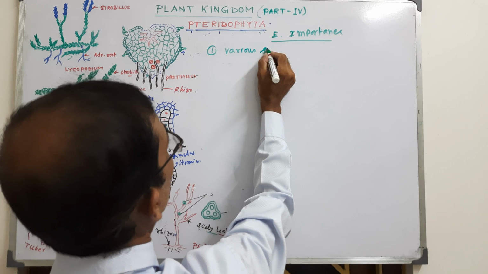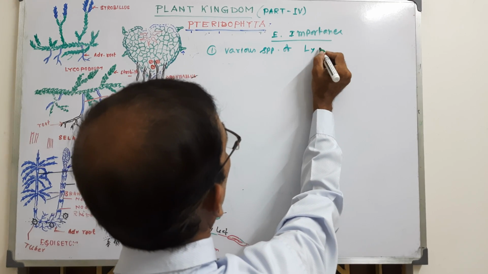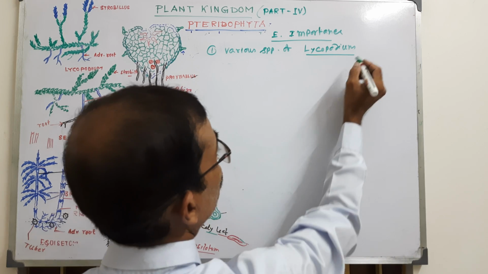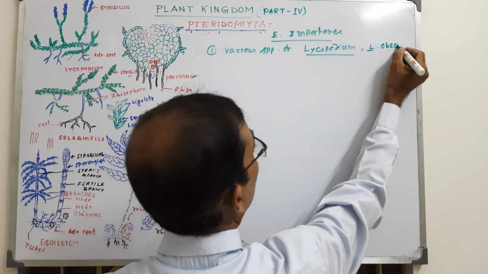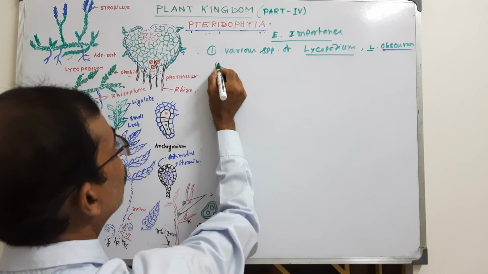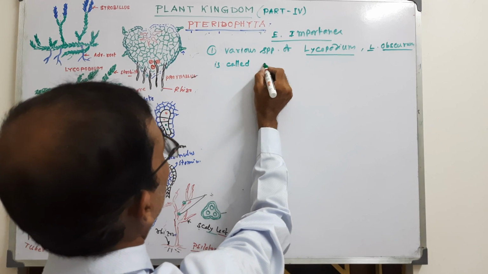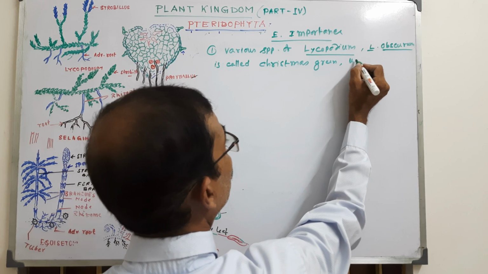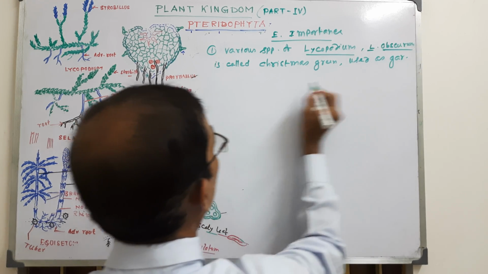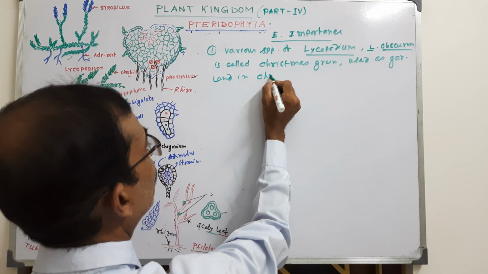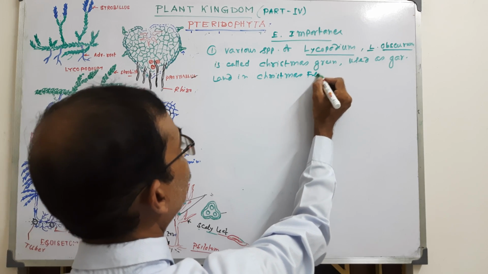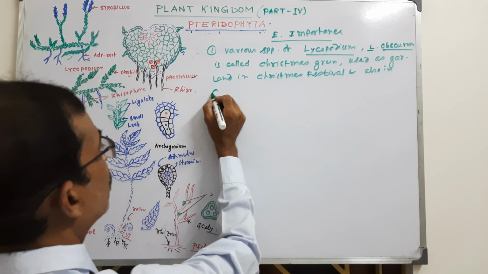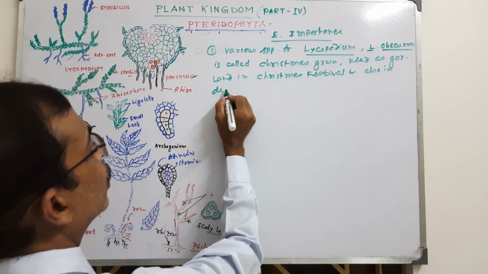Various species of Lycopodium, especially Lycopodium obscurum, is called Christmas green, and it is used as garland in the Christmas festival, and also for decorating purposes, due to its nice structure.